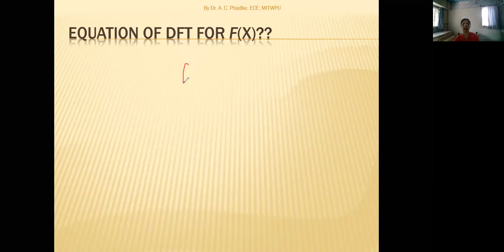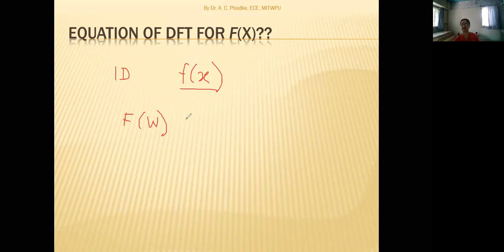If you have a signal f(x), consider a one-dimensional signal because you are familiar with it. How can you determine F(w), which is the discrete Fourier transform of signal f(x)?